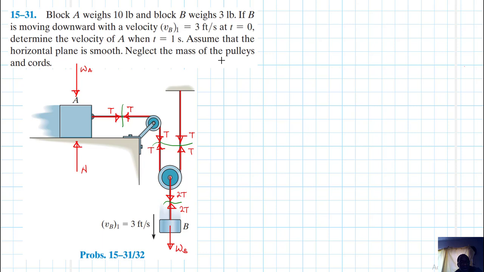So what do we have here now? Of course, T is unknown, but we can relate the motion, the displacement in A to B, right? Let's relate that. Let's just clean it up just a bit.